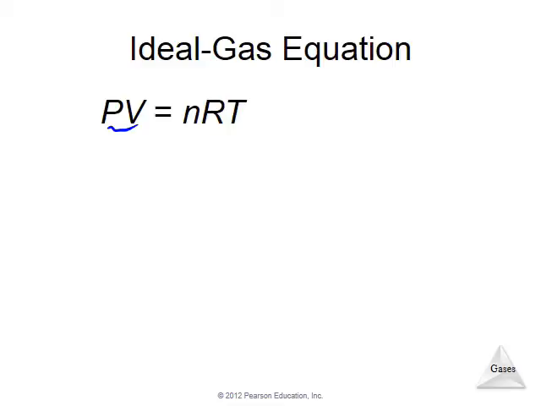So just solve for temperature. And I can show you that from here I can write PV over T equals nR, which is a constant for a fixed mole of gas.